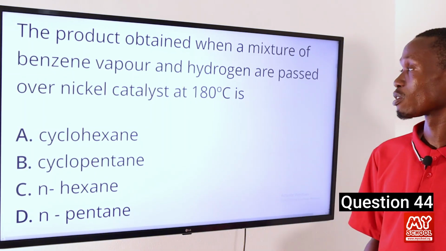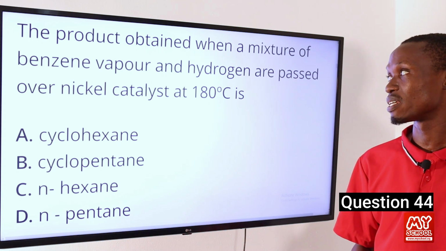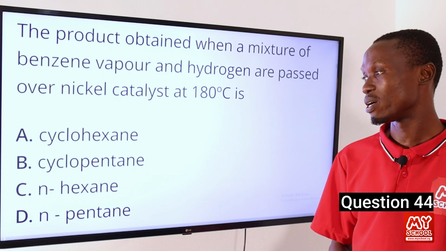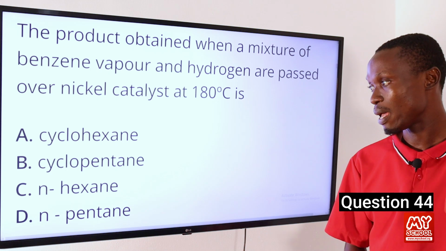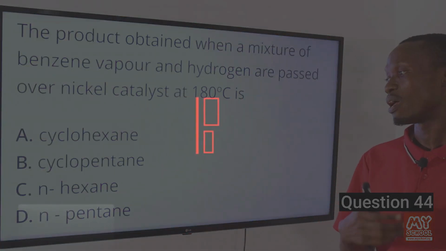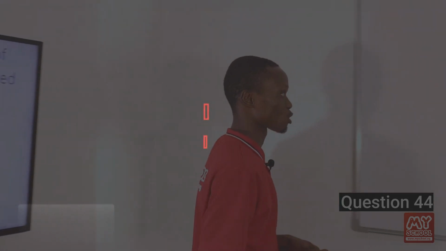Question 44. The product obtained when a mixture of benzene vapor and hydrogen is passed over nickel catalyst at 180 degrees Celsius is A, cyclohexane, B, cyclopentane, C, n-hexane, or you can say normal hexane, D, n-pentane. Let's move over to the board to show this.